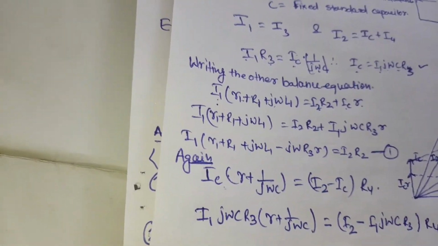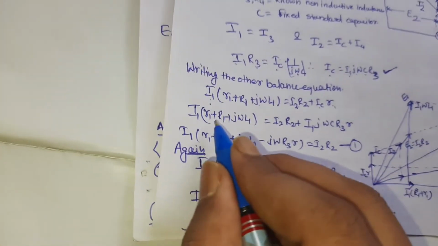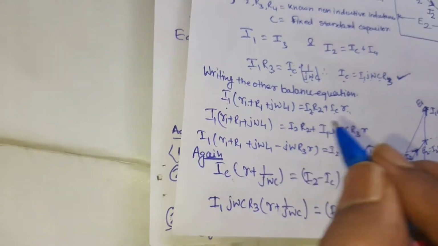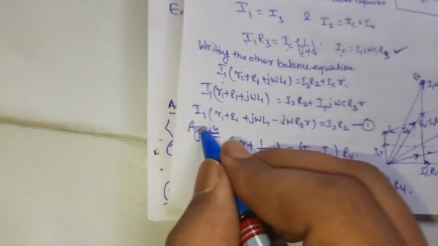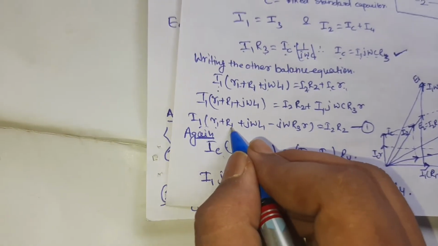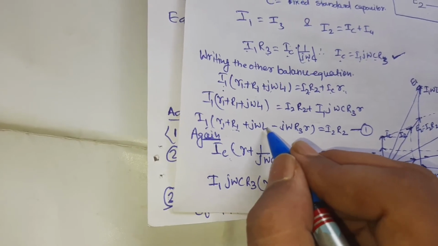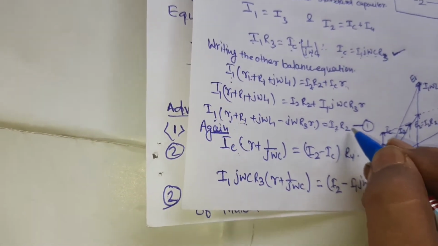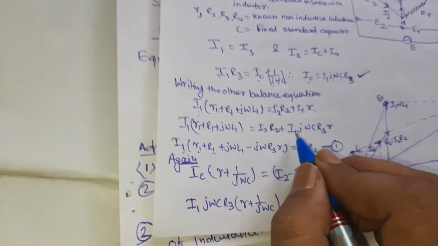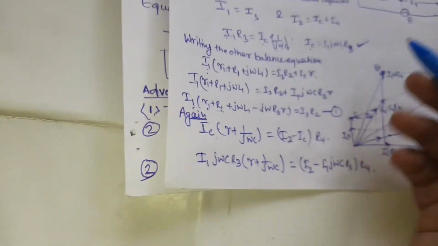So if you put the value of IC in the equation, then by solving this equation you get one equation in terms of I1: I1 into (R1 plus small r1 plus capital R1 plus j omega C L1 minus j omega C R3 into r) is equal to I2 into R3. That means you have replaced the IC current by I1 into j omega C into R3.